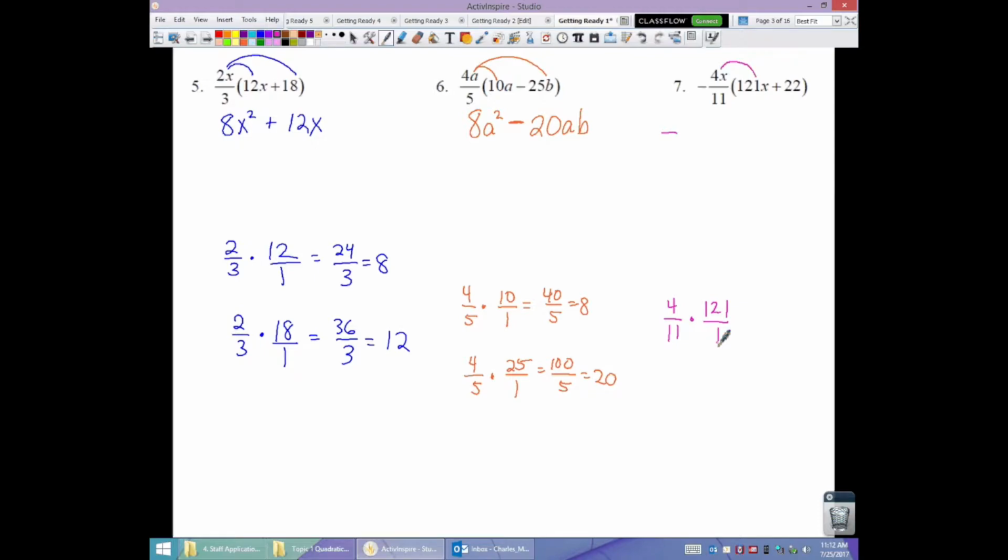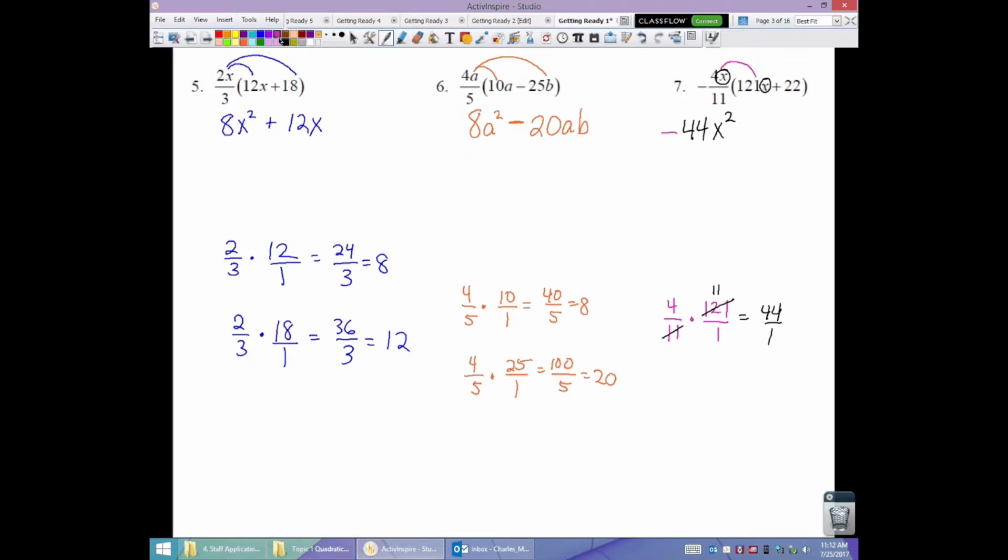Now, you could do 4 times 121 and get 484 over 11, but if you can remember what your elementary school or 6th grade teacher taught you about simplifying these, since 11 goes into 121, I can cancel this 11 and reduce that one to just an 11. So this becomes 4 times 11 is 44 over 1, or just 44. Now multiplying x times x makes x squared.